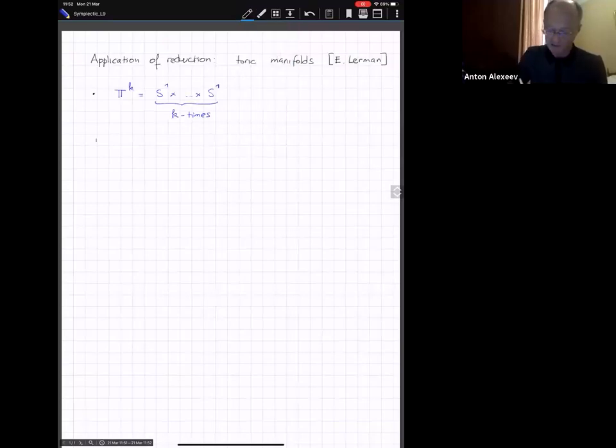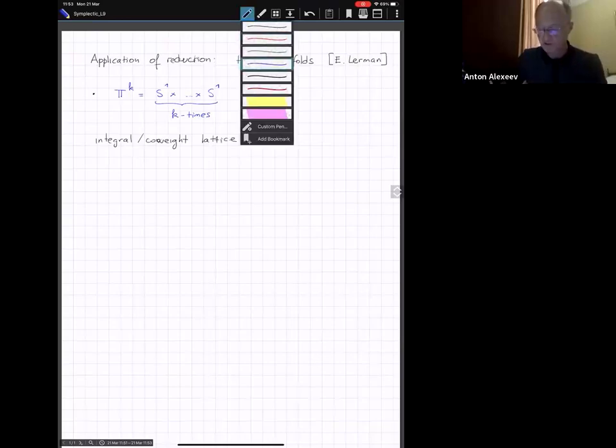And let me remind you what is the integral, or the other name is coweight lattice.